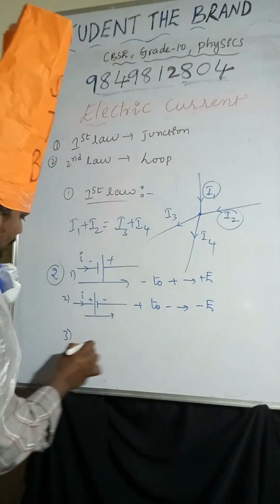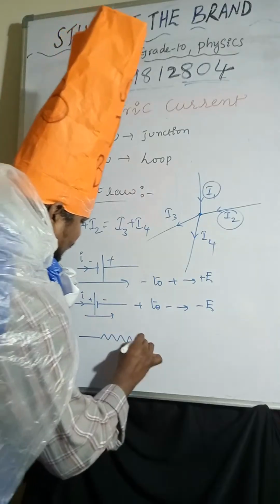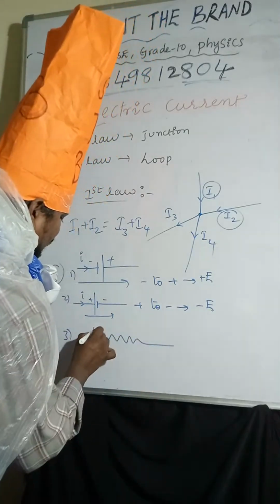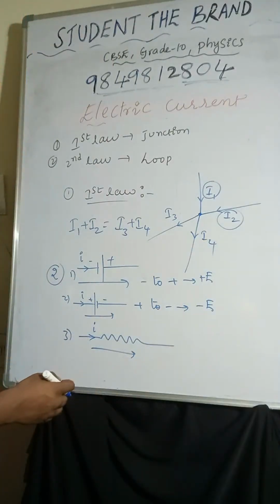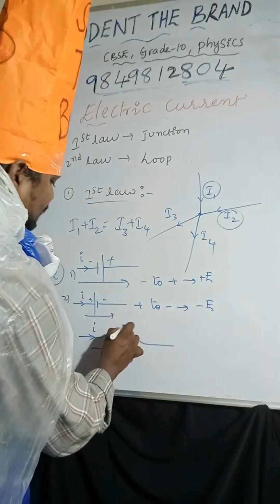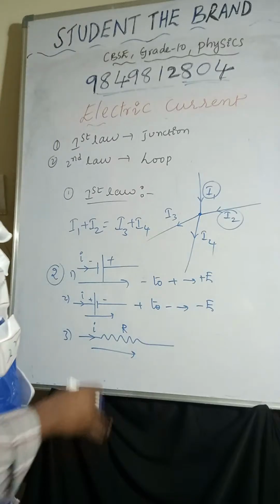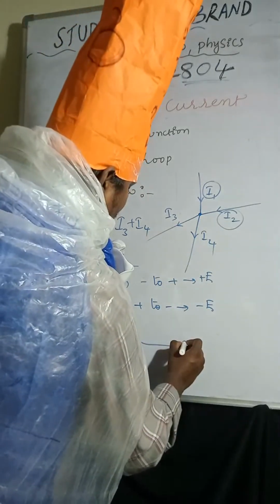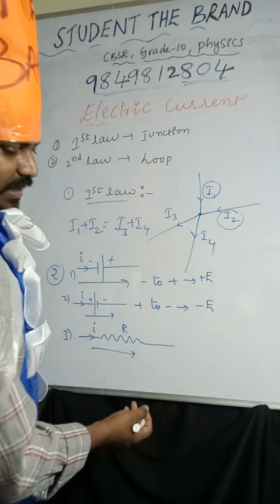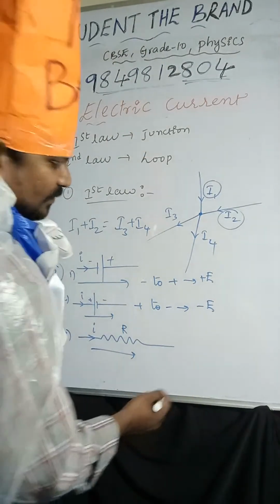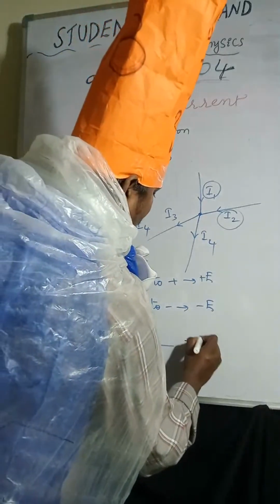The next one, the third one. So this is the resistor. If you are passing through the resistor in the direction of current, the IR term is a potential drop, so decreasing potential, then we take minus IR.